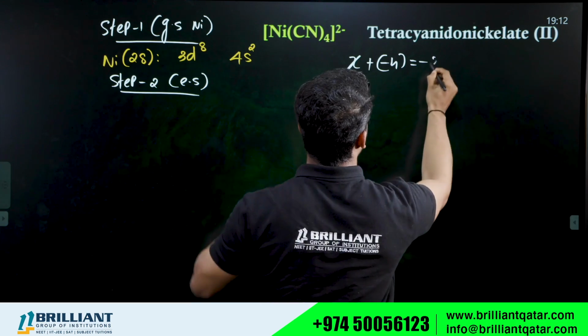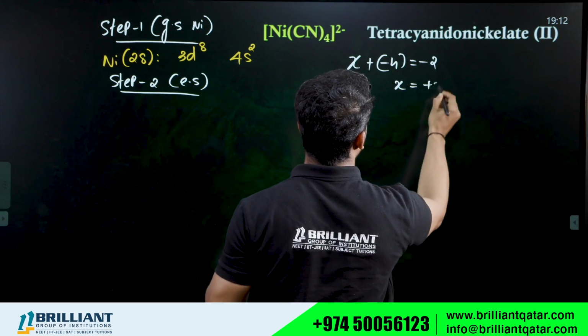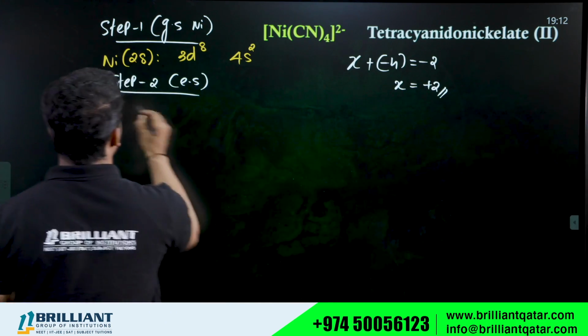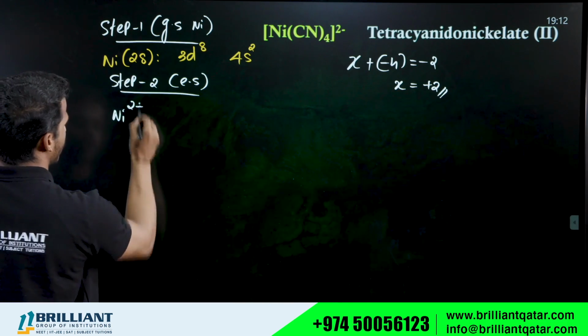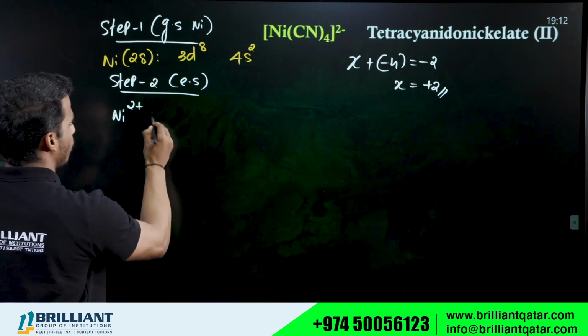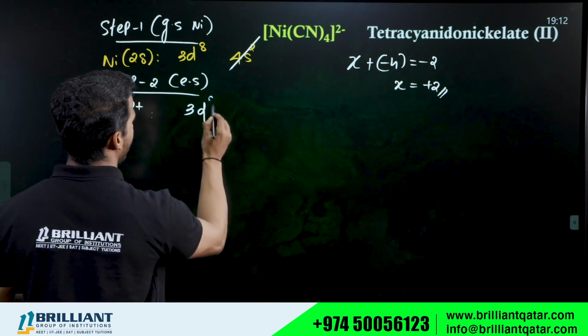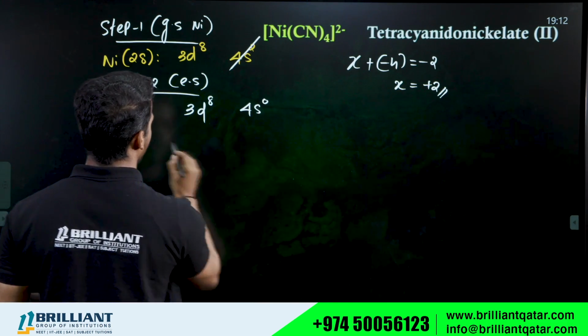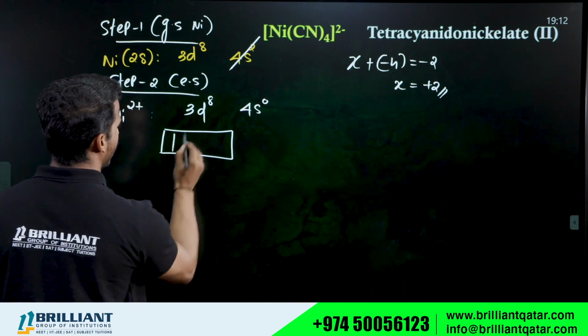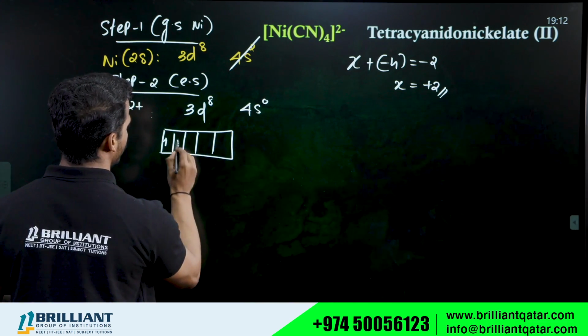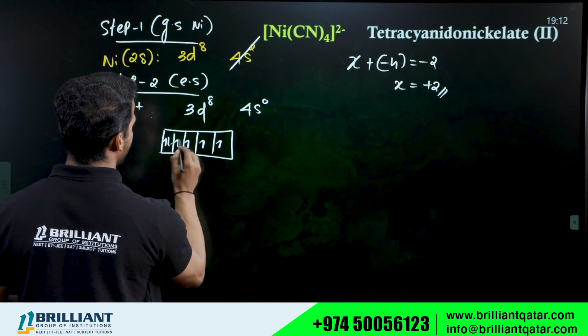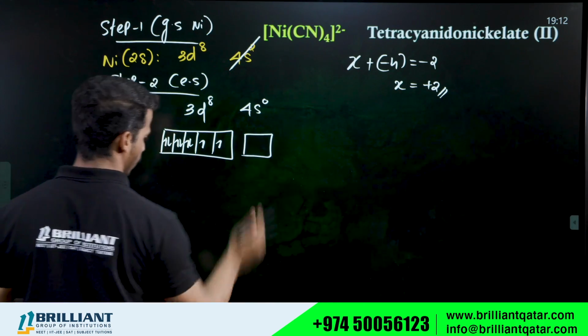Overall charge of the complex is -2, so X is equal to +2. So here nickel is in 2+ oxidation state. What is meant by 2+? It needs to lose the outermost 2 electrons. What is remaining? 3d8 and 4s0. 3d8 means you can write the electrons like this: 1, 2, 3, 4, 5, 6, 7, 8 and 4s0.